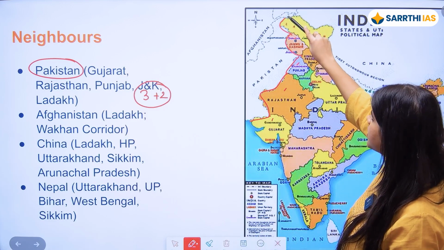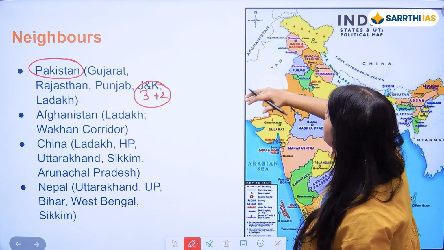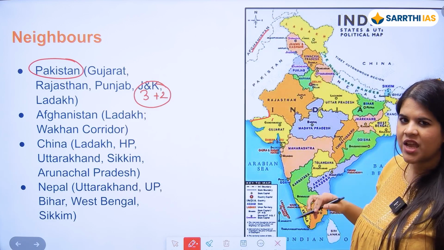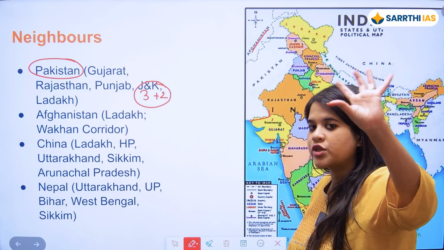The next neighbor that we have, going clockwise, is Afghanistan. Afghanistan is connected with India with a very small strip of land.